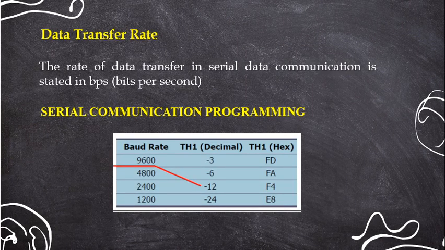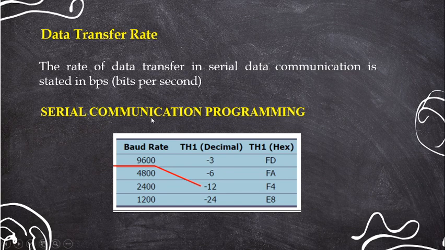Now, the next important parameter associated with serial communication is the data transfer rate. What is the rate at which the data is being transmitted? That is defined as bits per second, which is also known as the baud rate. The number of bits being transmitted per second is defined as the data transfer rate, and the term that we use is the baud rate.